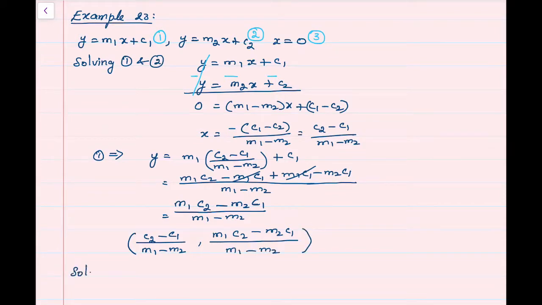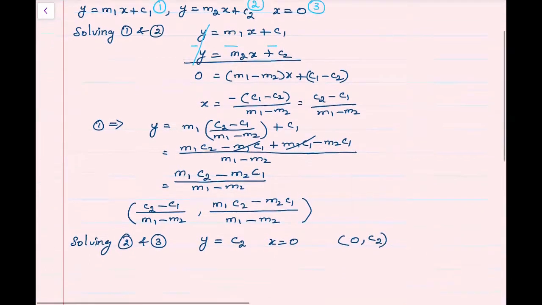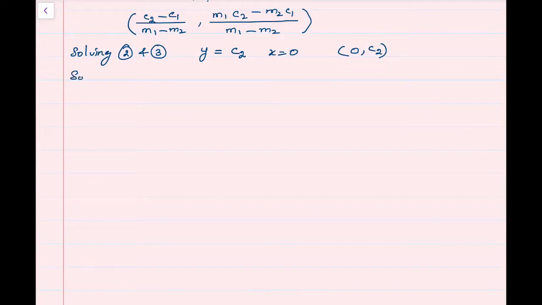Now solving the second and the third equations. Y is equal to m2 times 0 plus c2, so y is c2 and the x coordinate is 0. Therefore, the point of intersection is 0, c2. Now solving the first and the third equations.